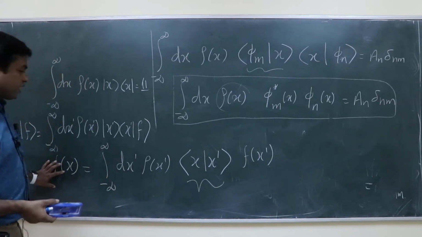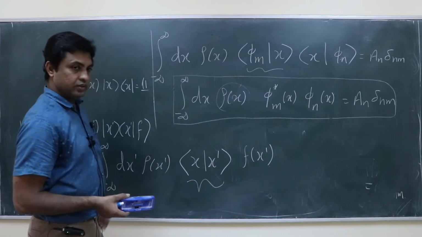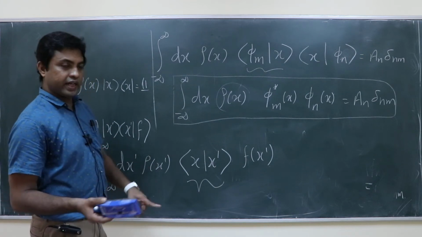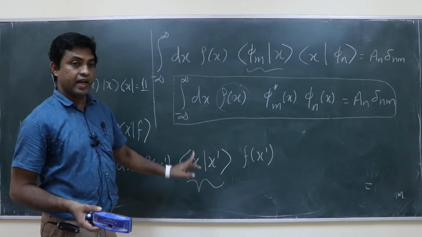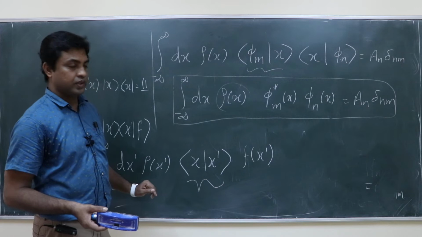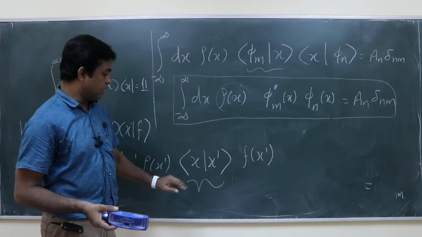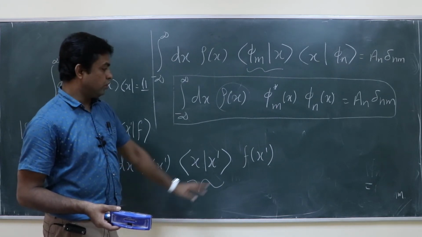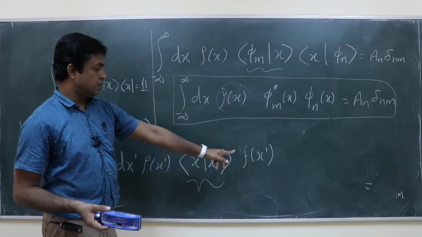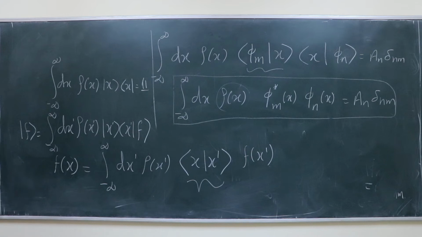Because you should get f of x from this integration. Now the second answer: bra x ket x prime equal to delta x minus x prime. Suppose you substitute that. Will you get this equal to f of x? No, you will not get it. So what should you do?